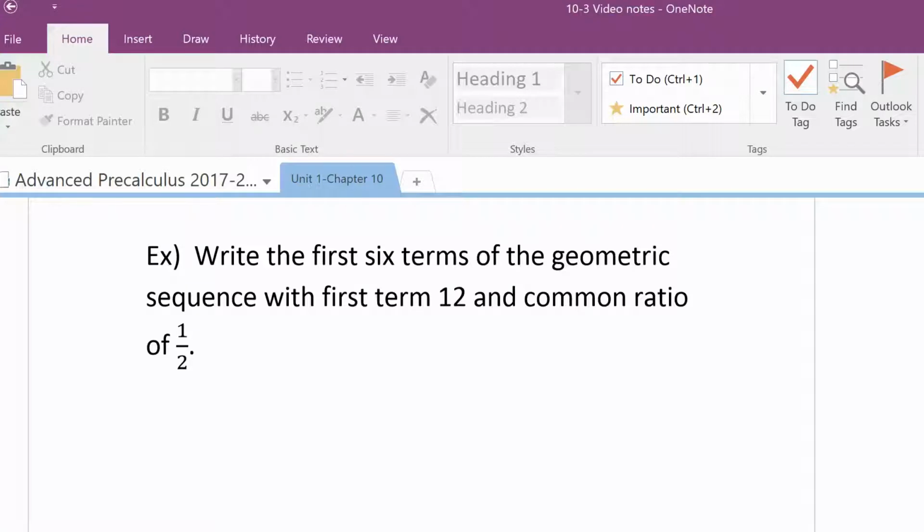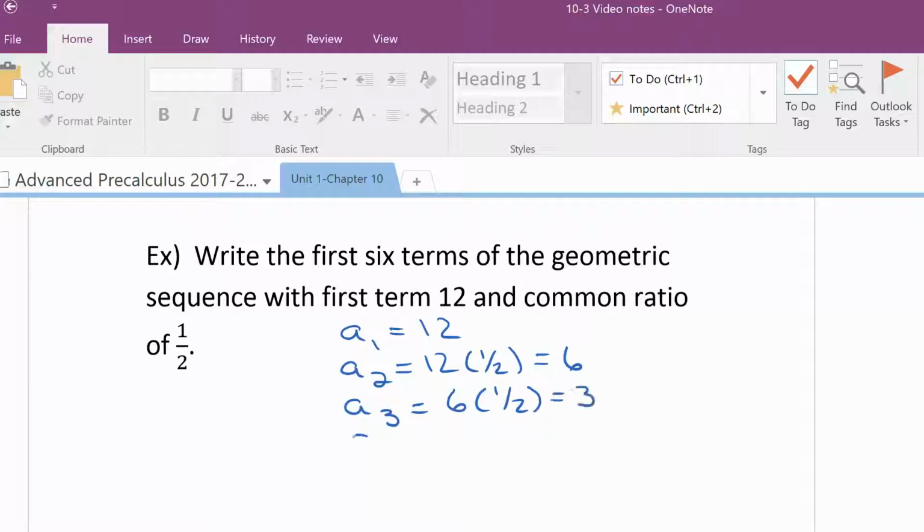So here it says write the first 6 terms of the geometric sequence, where the first term is 12 and the common ratio is 1/2. So the first term is 12, so the second term would be 12 times 1/2, which is 6. The third term would be 6 times 1/2, which is 3.